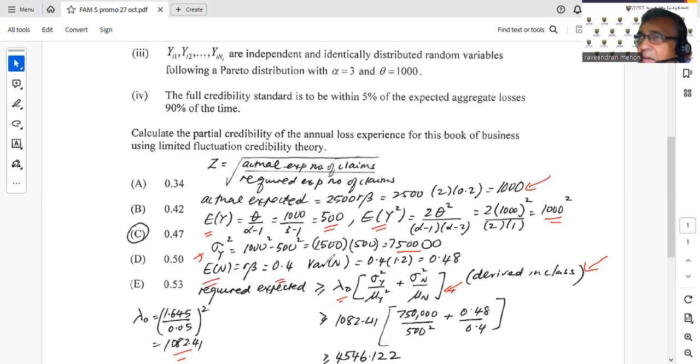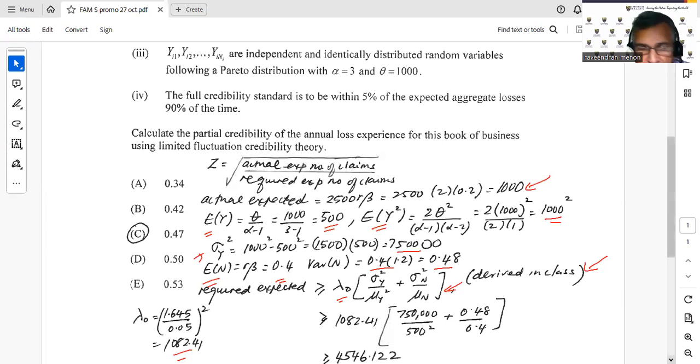The variance of N, we also know: r beta times 1 plus beta. Remember, r is 2 and beta is 0.2, so 1 plus beta will be 1.2. You can do this mentally and you'll get 0.48. So all we have to do is plug in.